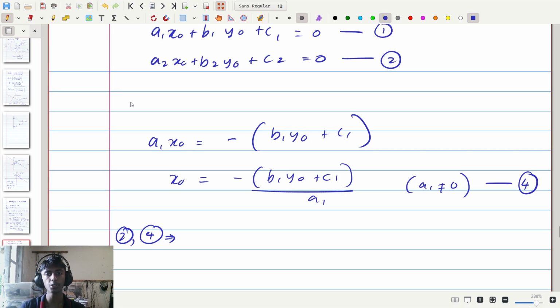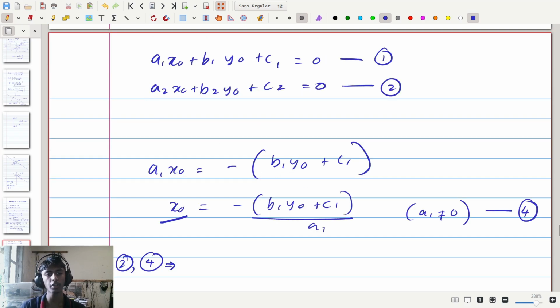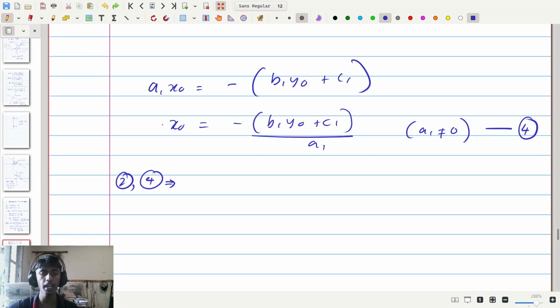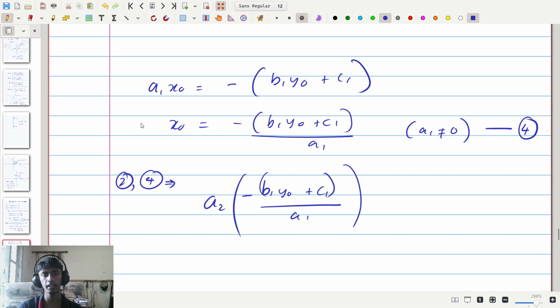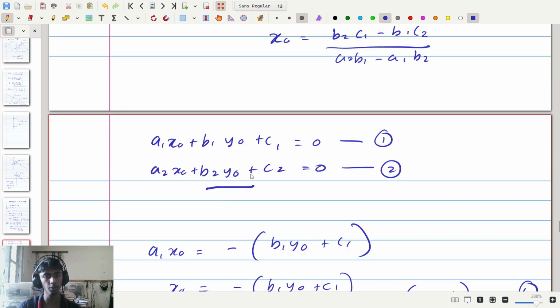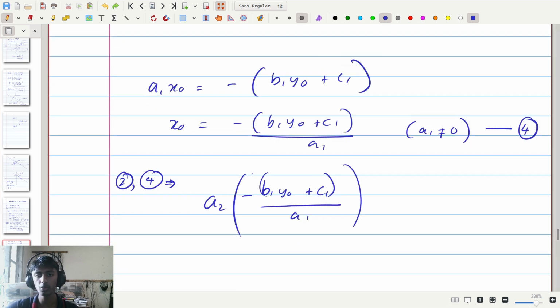And now let's use equation number 2 and equation number 4 together to try to isolate y0. So then, using 2 and 4, what we're going to do is substitute the x0 value into this part here. So we have a2 multiplied by this expression, which is negative b1 y0 plus c1 in brackets, all divided by a1, and then the next term, b2 y0 plus c2, and this whole thing is equal to 0.